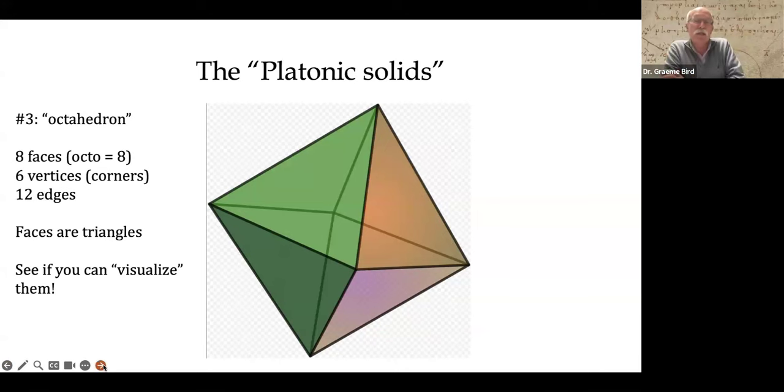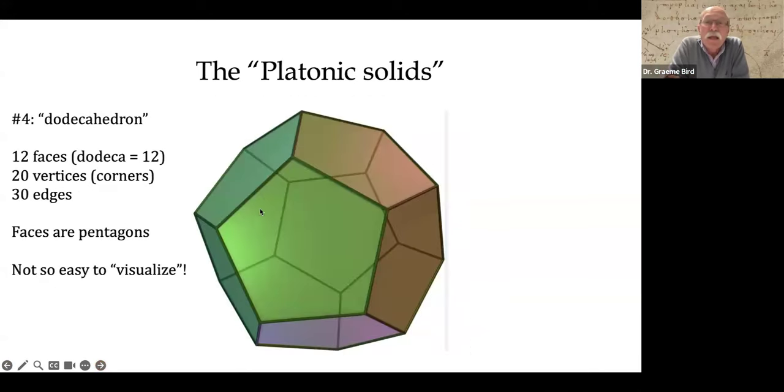Okay, now your brain is going to start working overtime. The dodecahedron. Dodeca is the Greek for 12. Do is 2 and deca is 10. So 12 pentagons. So I don't know, William, can you see 12 pentagons? You got to look hard, don't you? Oh, you're muted, William.